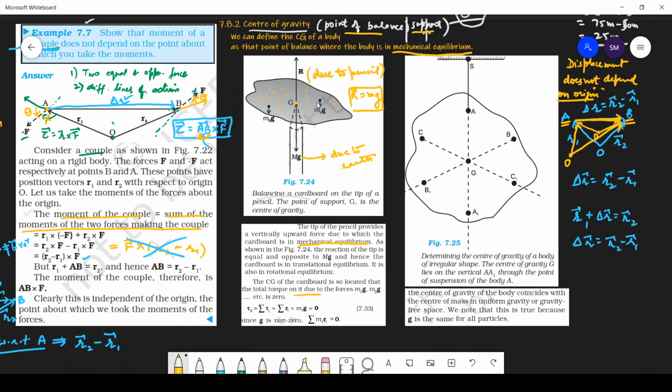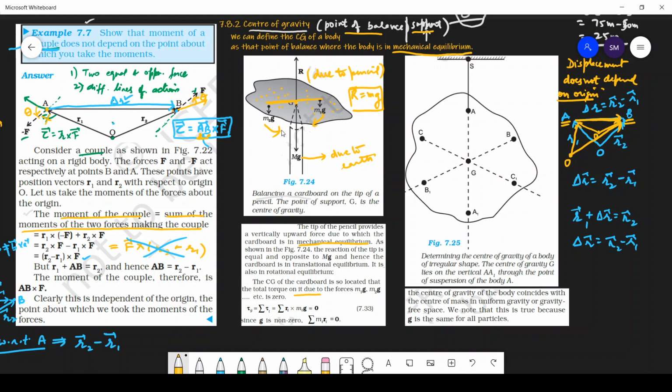Which figure are we talking about? Students, you need to keep the figures in your mind. We are talking about figure 7.20a. So there is no rotational motion. These forces, the torques will cancel out. The torque in this direction and the torque due to this will be in the opposite direction.